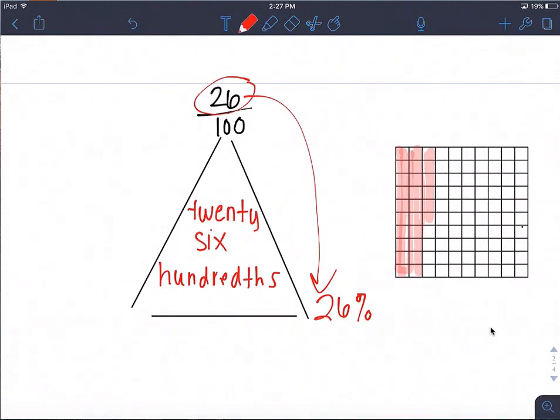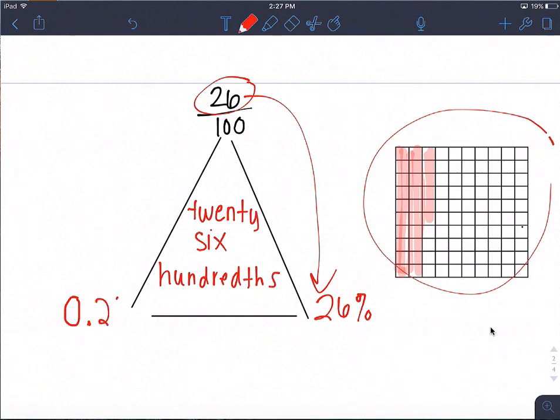So I don't have any full boxes shaded in. I have 2 full columns and 6 left over, and I can show this over here. Okay. 100 doesn't go into 2. It doesn't go into 6.